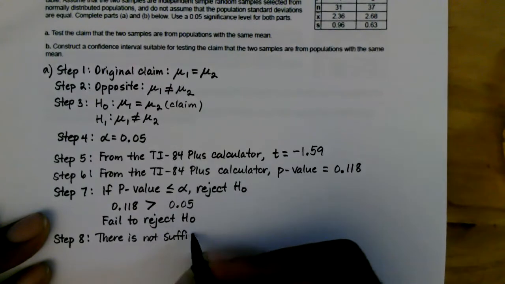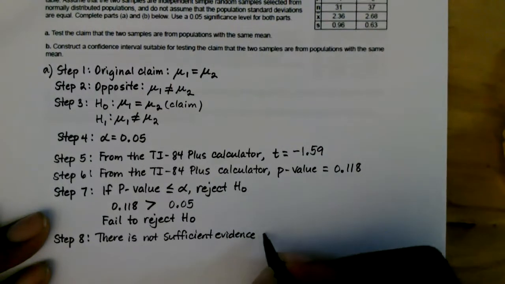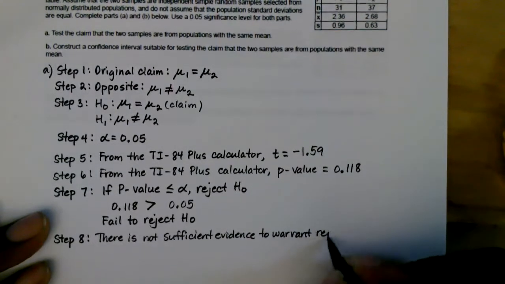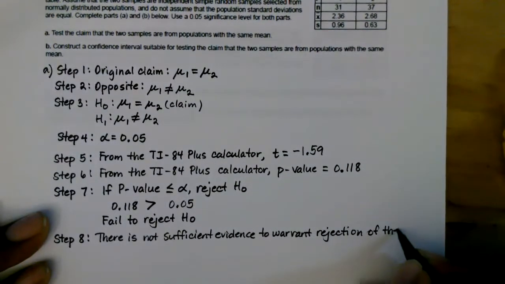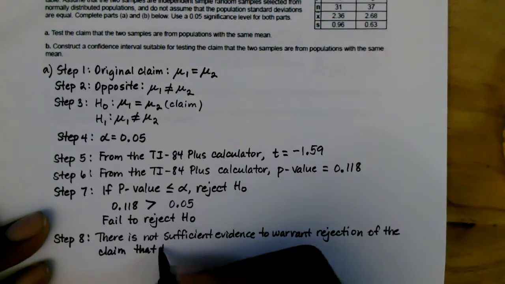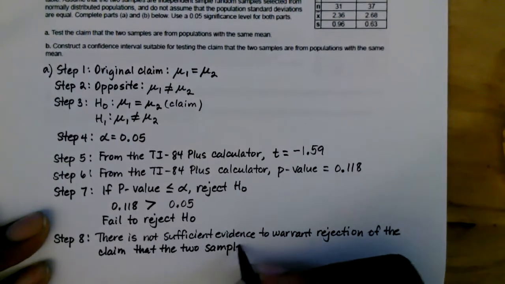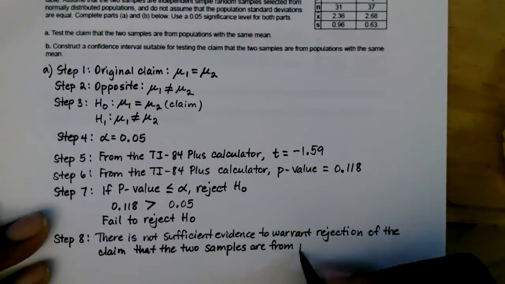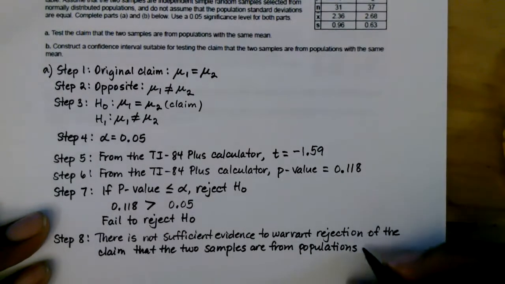sufficient evidence to warrant rejection of the claim that the two samples are from populations with the same mean.